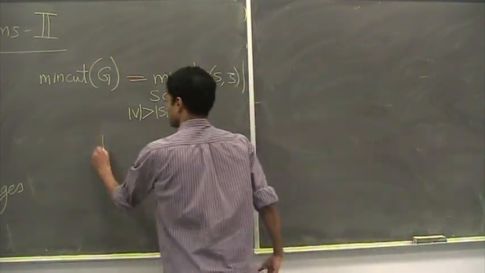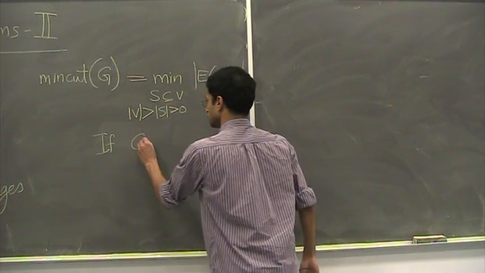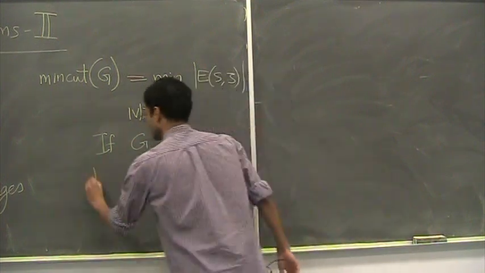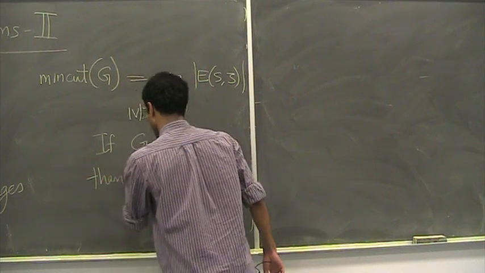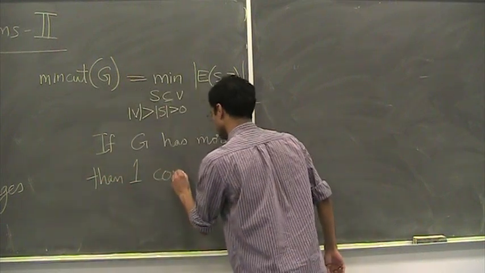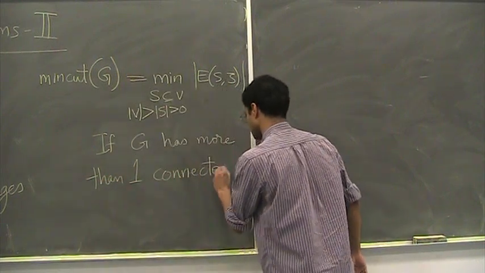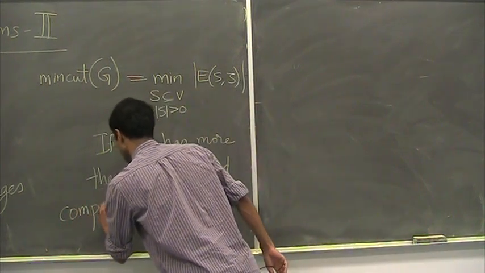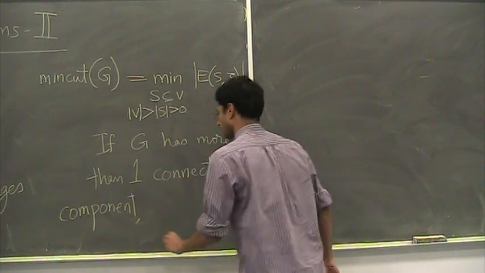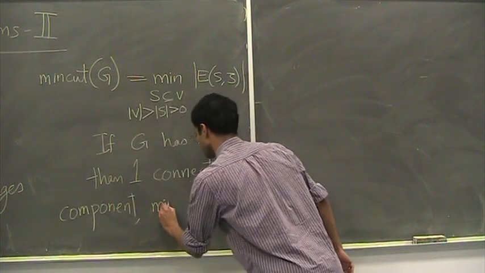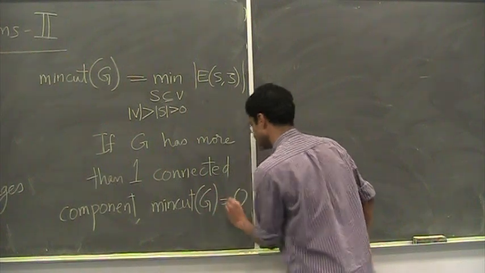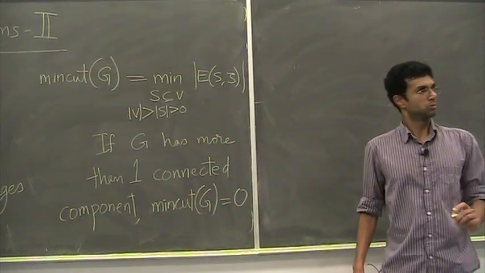So if G has more than one connected component, then the min cut of G is 0.